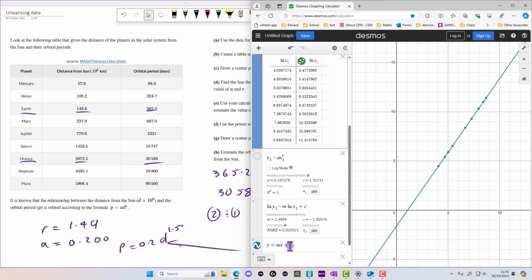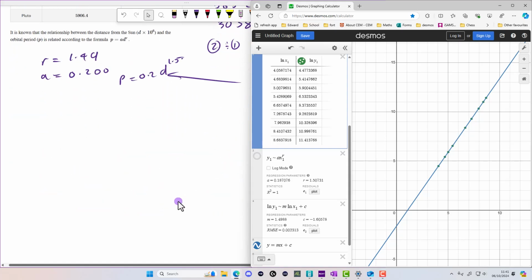And if I plot that mx + c, it'll automatically use the m value 1.498 and c is minus 1.650. You can see I get a straight line going through that. And I've now got an equation: natural log of the y value equals m times natural log of the x value plus the c value. So what does that mean for my question if I work it out this way?